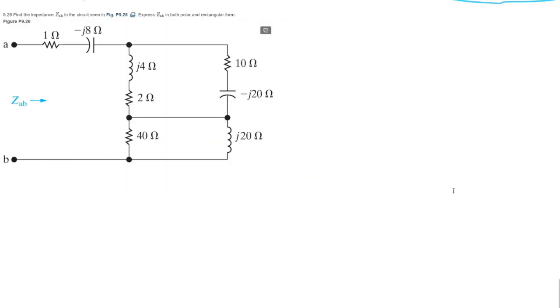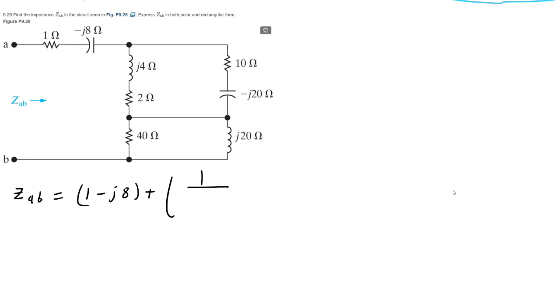So this time we're going to do the impedance, which is, like I said, just like resistors. We add up impedances and everything using the same rules that we do with resistors. So let's get right to it. I'll start with A. So 1 minus j8, and then plus, let's do the parallel combinations now.